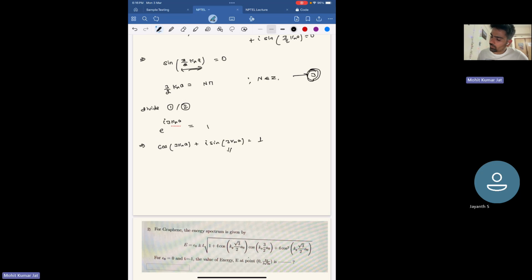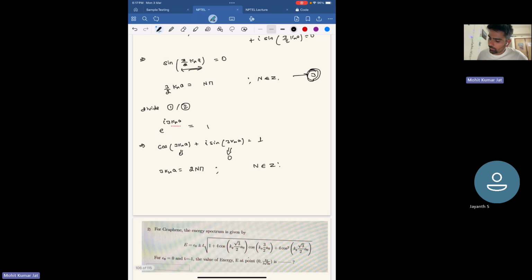So the sine part has to be 0 and cos 3kxa has to be 1. So 3kxa has to be an integer multiple of 2n pi, where n belongs to integers.